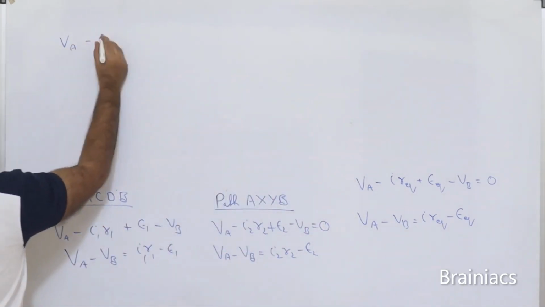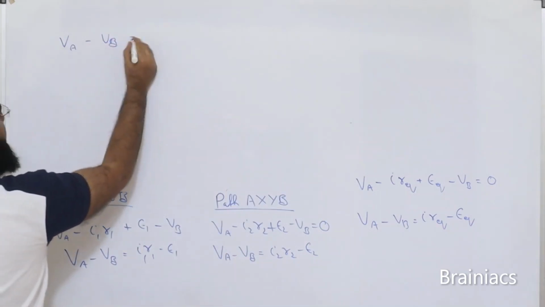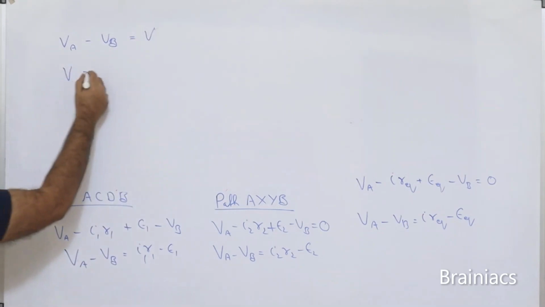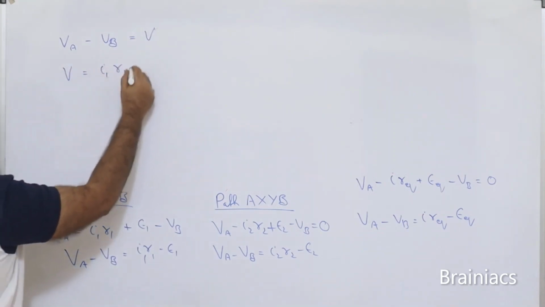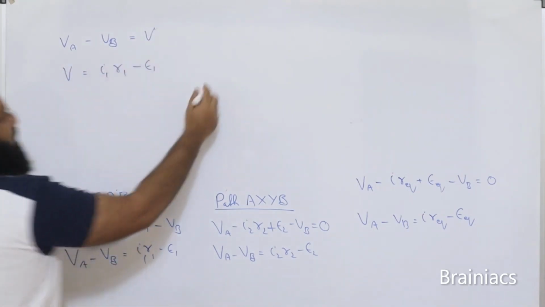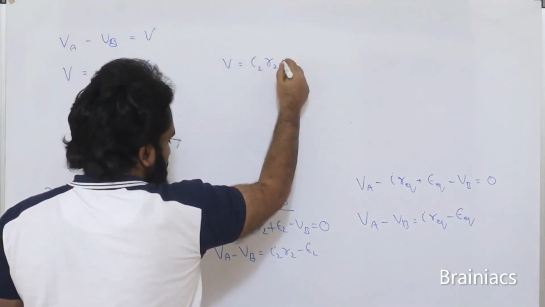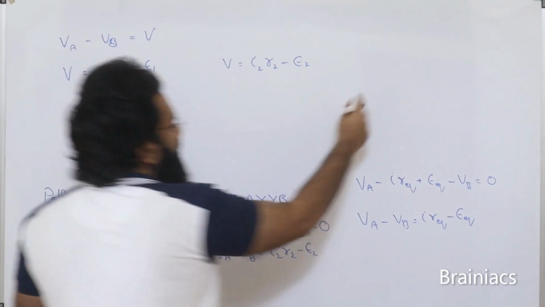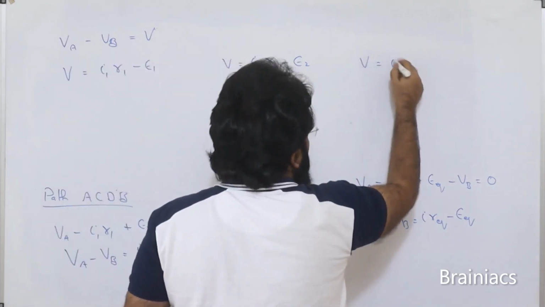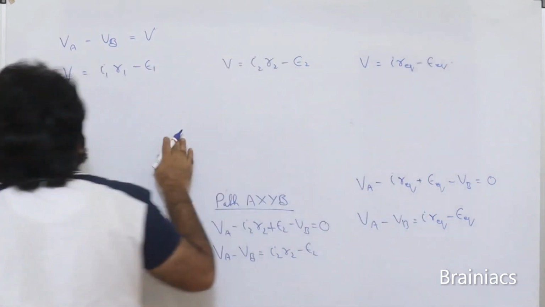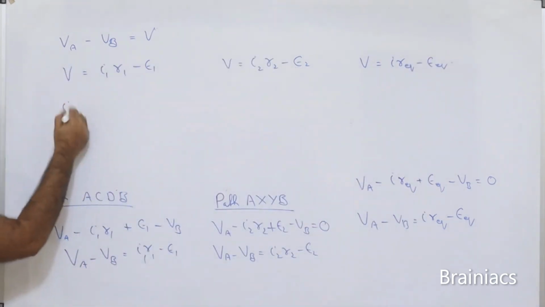So if we consider VA minus VB as V, then I can write V is equal to I1 R1 minus E1. Same way, V is equal to I2 R2 minus E2, and V is equal to I R equivalent minus E equivalent.